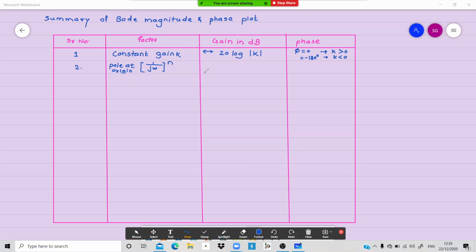It is a straight line with a slope of minus 20 dB per decade, and when it was 2 poles, it was minus 40. So we can say minus 20 multiplied by n, where n is how many poles you are having, dB per decade. Right? This was a straight line.